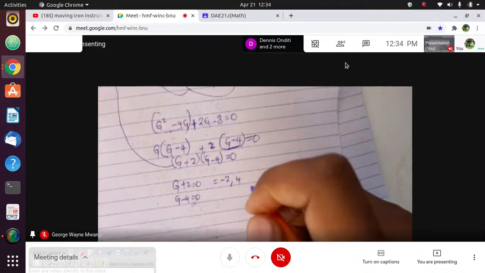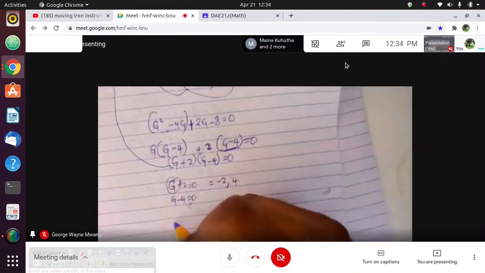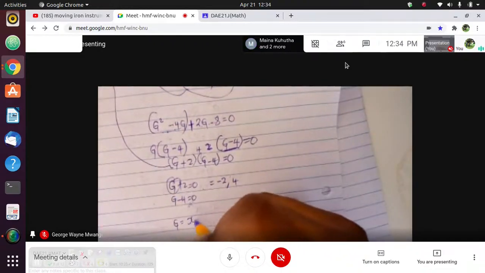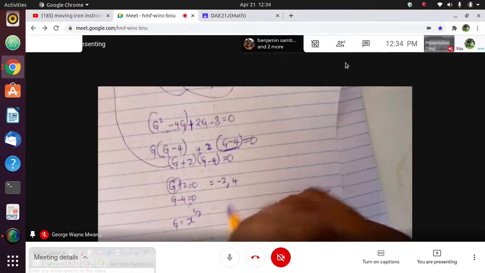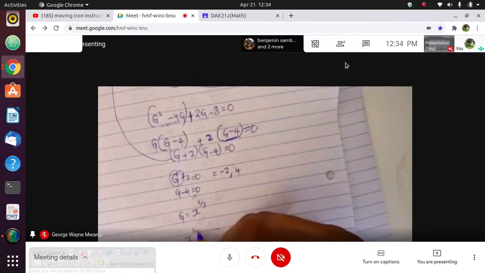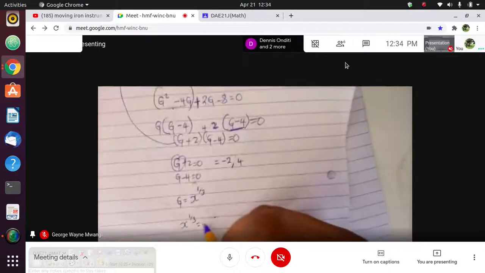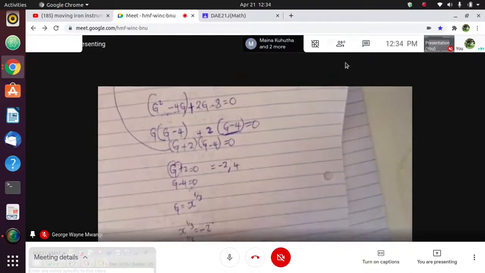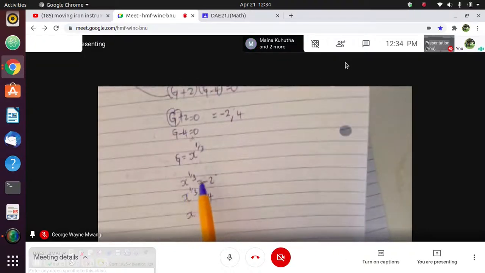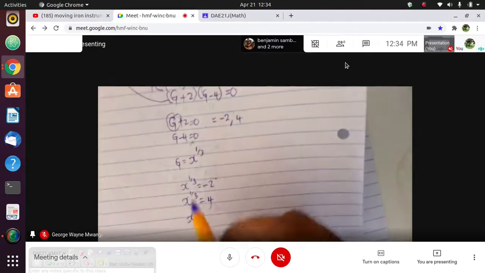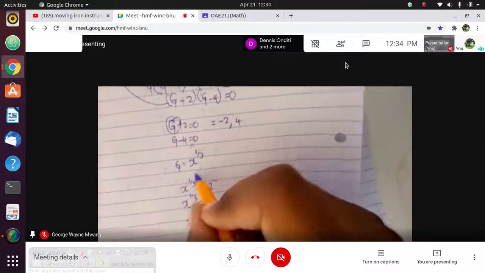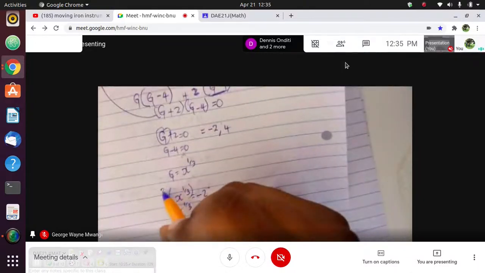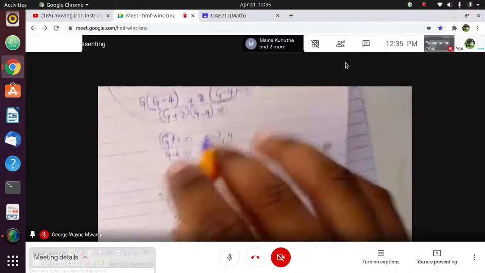But remember that g is x raised to power 1/3. So x raised to power 1/3 is equal to minus 2, and x raised to power 1/3 is equal to 4. So what will be the value of x? We take the value x to the power 1/3 and we raise it to power 3.